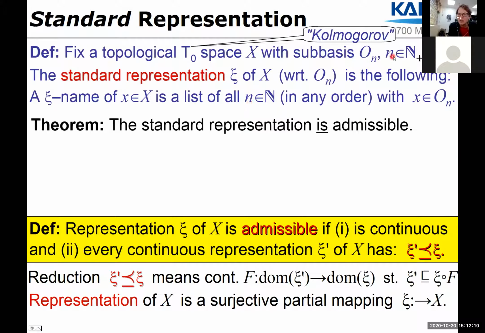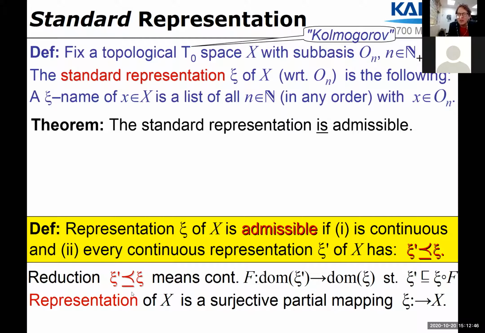The subbase we consider here uses indices that start with 1, only positive natural numbers, and 0 in the name, by definition of the standard representation, is a kind of blank pause symbol, a filler, and that will become relevant in a minute when we prove that this representation is not just well defined, but actually admissible.